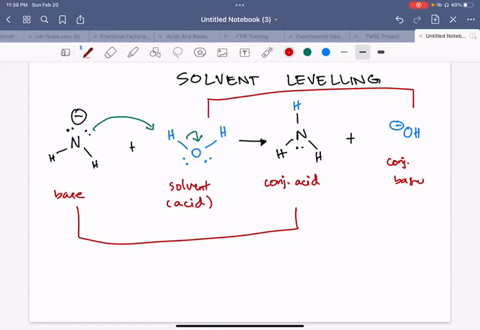I-counter siya ni solvent para si amide, which is a very strong base, dili siya exist in solution. Kaya gusto ni solvent nga kung mahimo magay siyang conjugate base, wala na mas labaw pang mas basic kaysa sa iyang conjugate base. Okay?